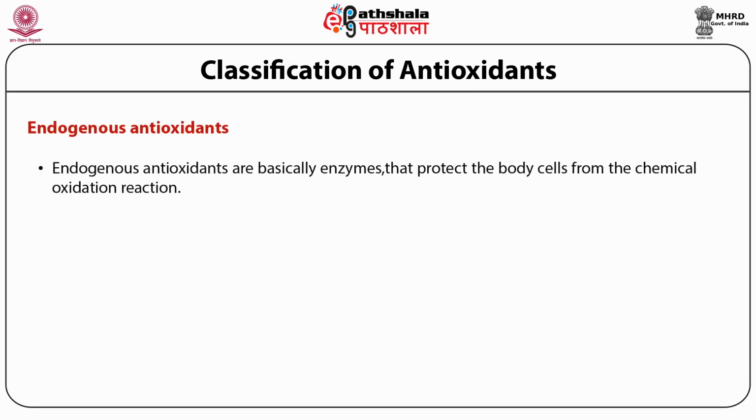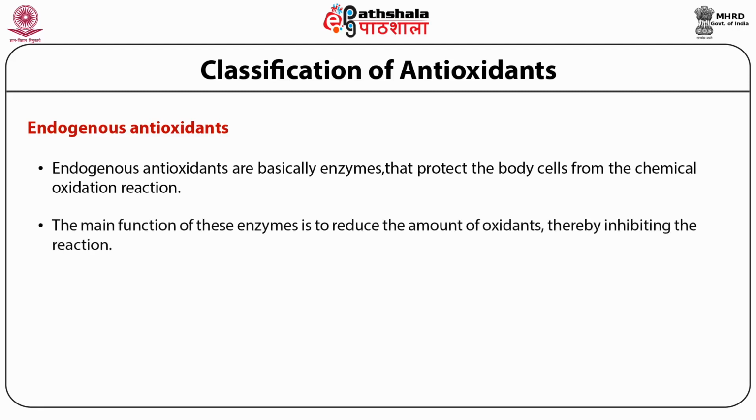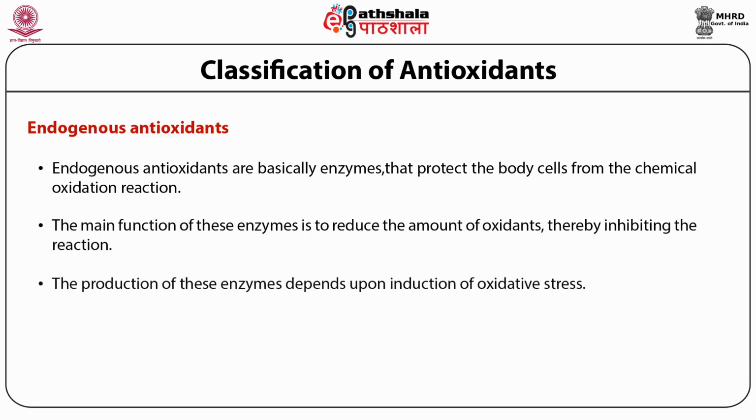Endogenous antioxidants are basically enzymes that protect the body cells from the chemical oxidation reaction. The main function of these enzymes is to reduce the amount of oxidants, thereby inhibiting the reaction. The production of these enzymes depends on induction of the oxidative stress.